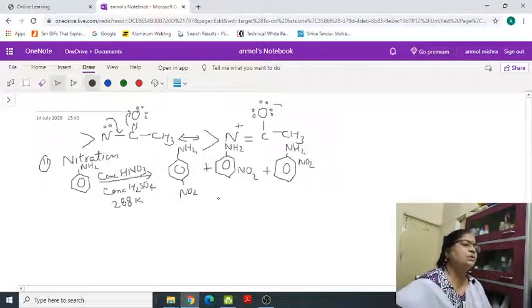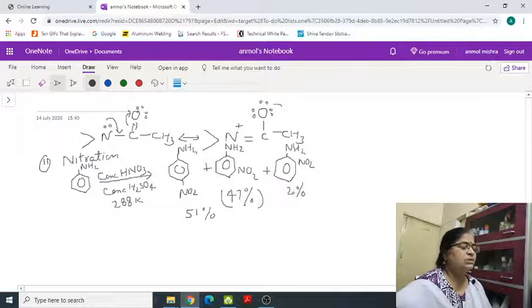Now we can ask the question: since the NH2 group is ortho and para directing, why are meta isomers formed?